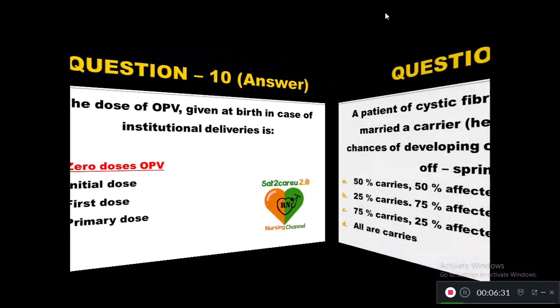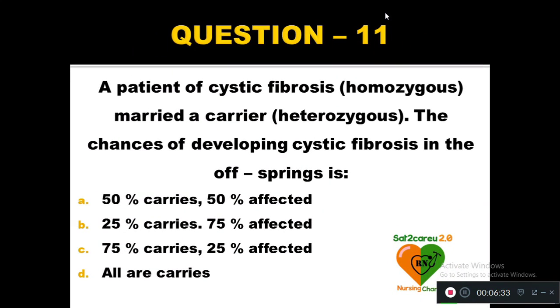Question number 11. A patient of cystic fibrosis, homozygous, married a carrier, heterozygous. The chances of developing cystic fibrosis in the offspring is option A, 50% carrier and 50% affected. Option B, 25% carrier and 75% affected.